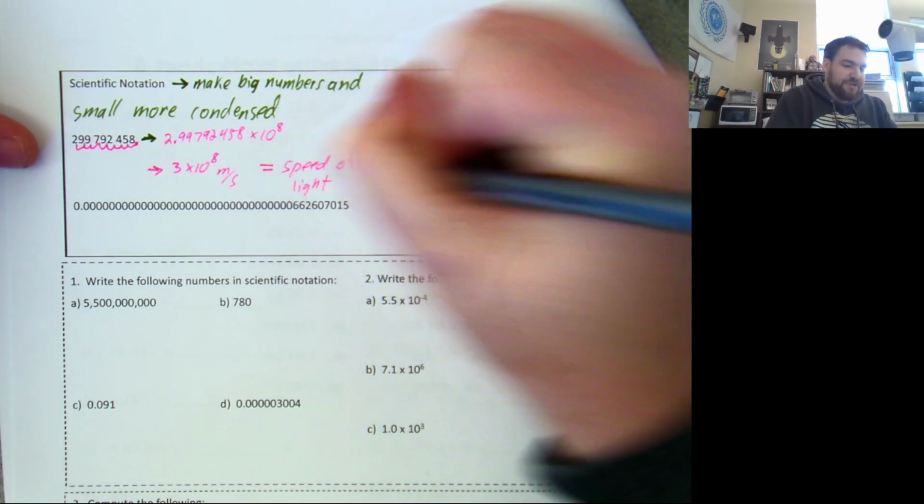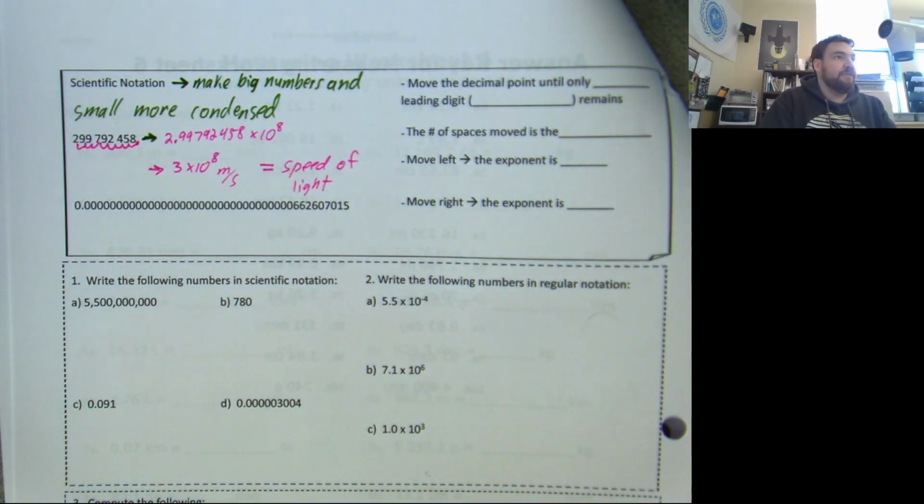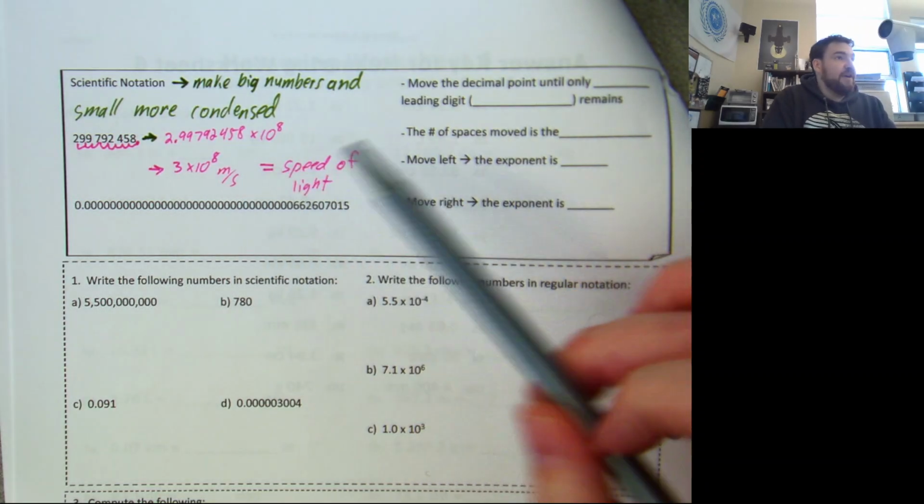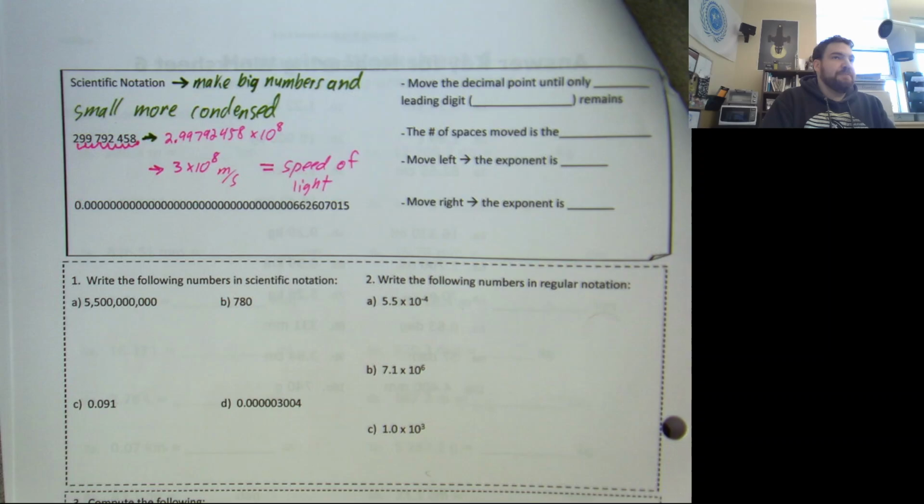This is the universal speed limit. Nothing goes faster than this value. If you decide to study physics and you discover something that breaks this value, you will immediately win a Nobel Prize, or they will find all sorts of problems with your work. Nothing goes faster than this value.